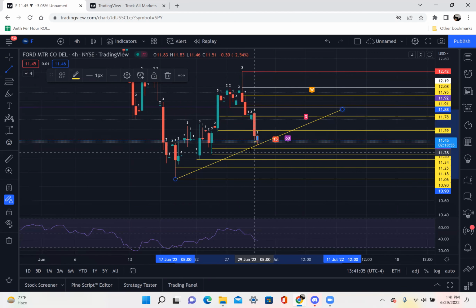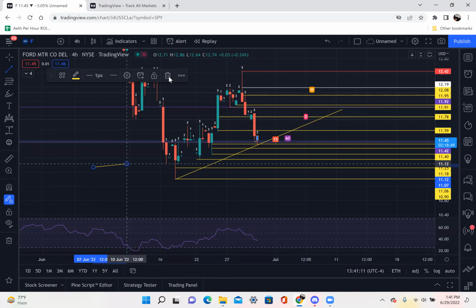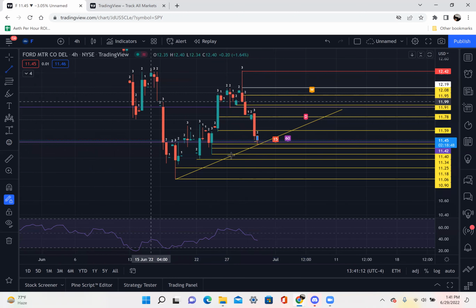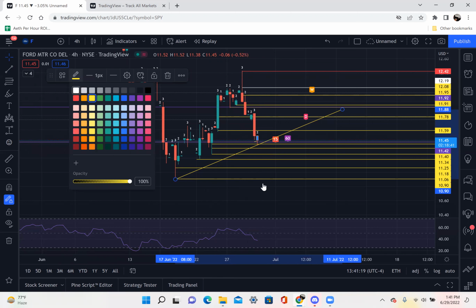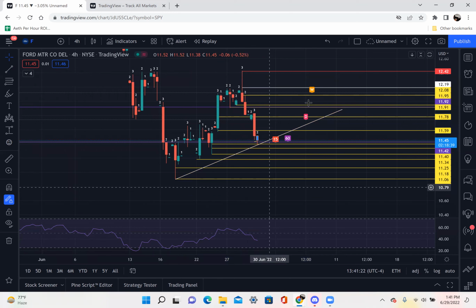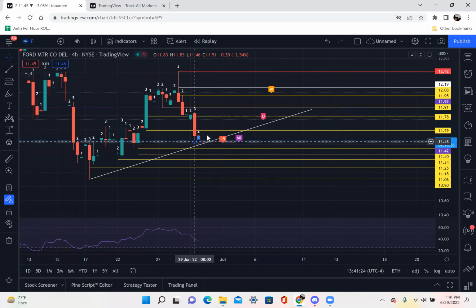So now we want to see, are we going to break right here? Because I love reversals. What is this showing me? Here, let me make it white so we know that's a trend line, because I don't want this to confuse y'all. So this candle is telling me it's bullish. Why? Because it's blue, right?